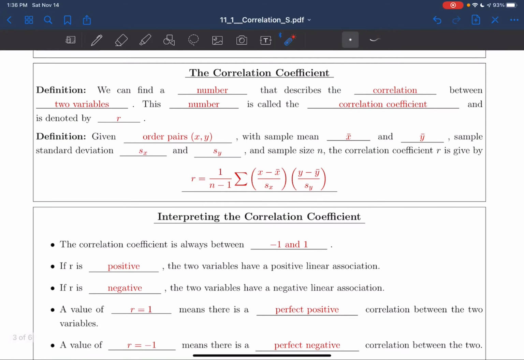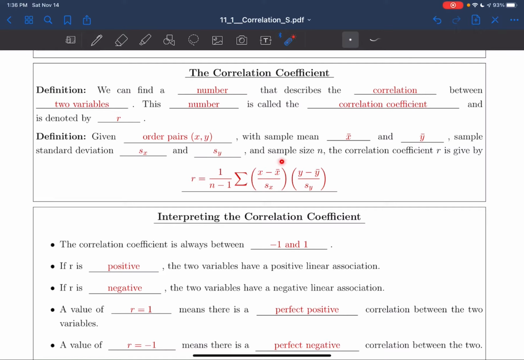Given an ordered pair (x, y) in our data set, with the sample means x bar and y bar, we took the sample mean of all our x values and of all our y values, and then the sample standard deviations s_x and s_y, of our x values and y values. And with our sample size n, we can compute the correlation coefficient R by this formula: 1 over n minus 1 times the summation of all this.